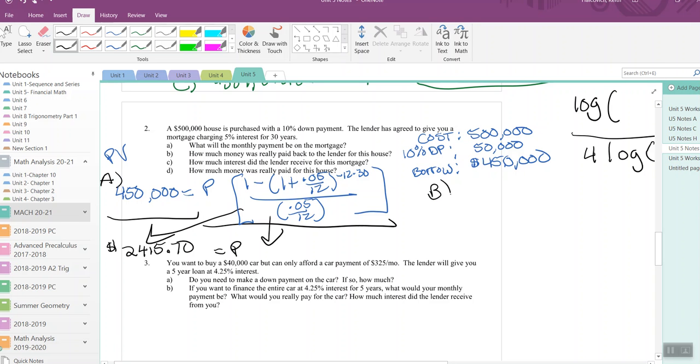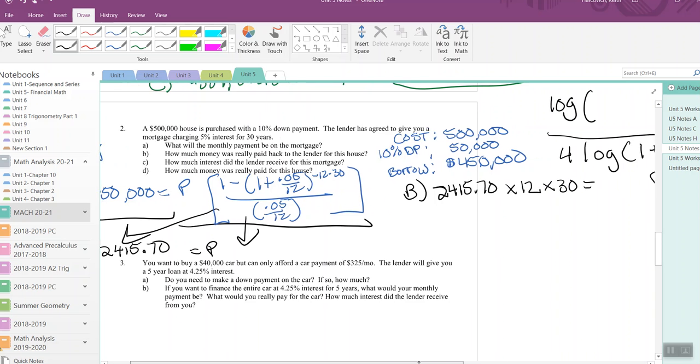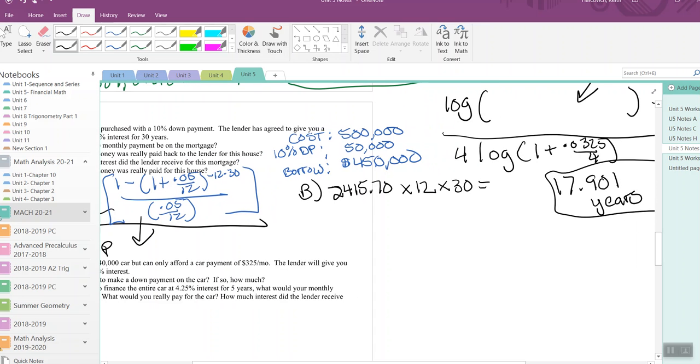For part B, it says how much money did you really pay back? Well, you paid $2,415.70 for 12 months. That's 1 year, for 30 years. So when you calculate that, you will have paid back $869,652.